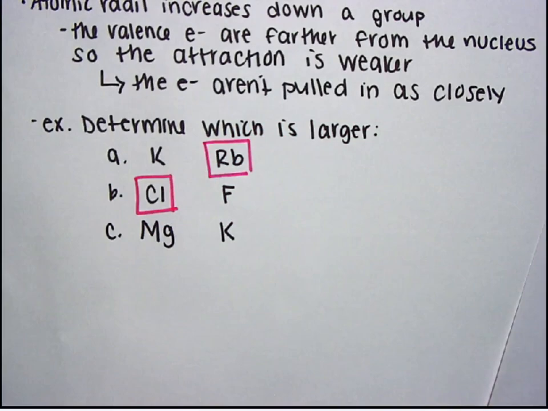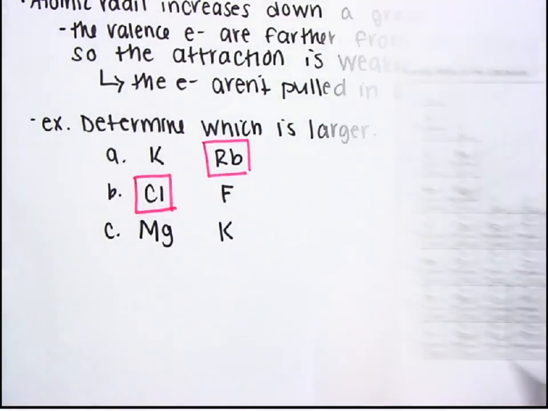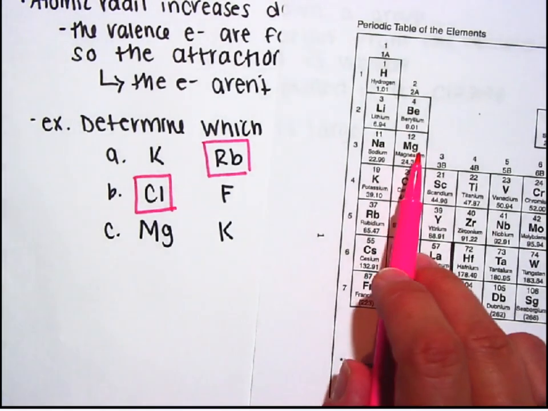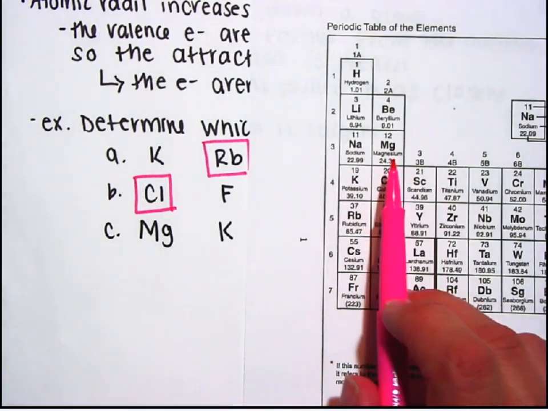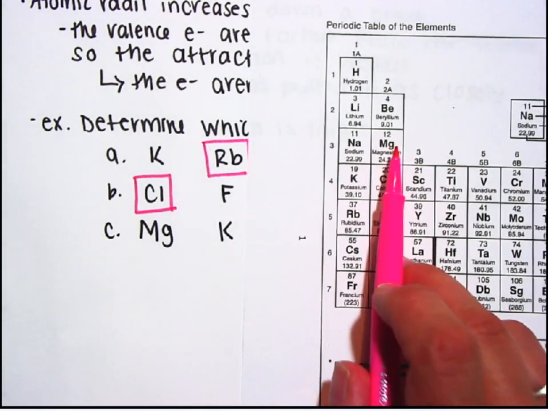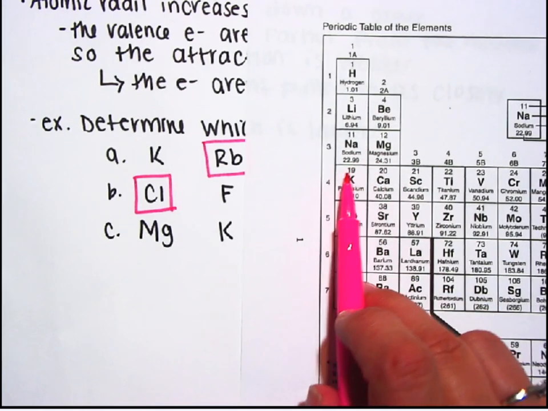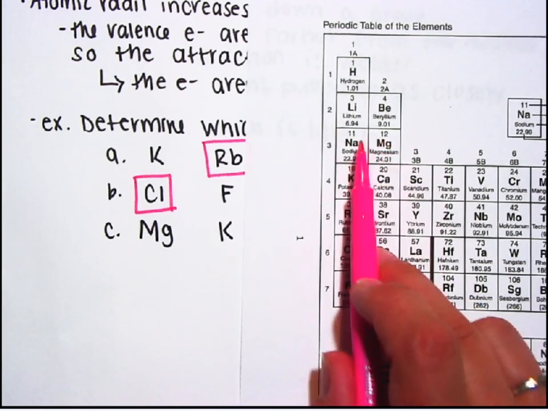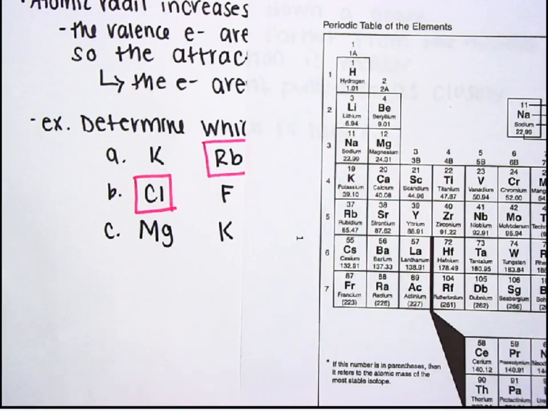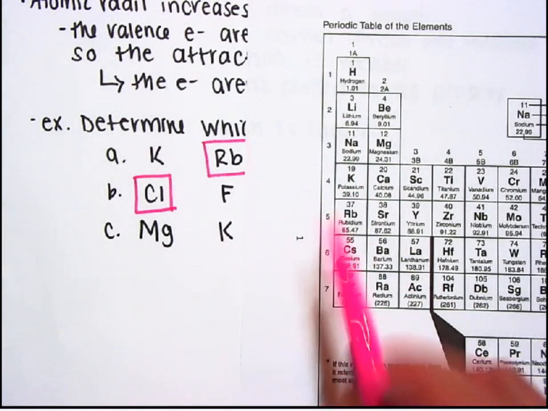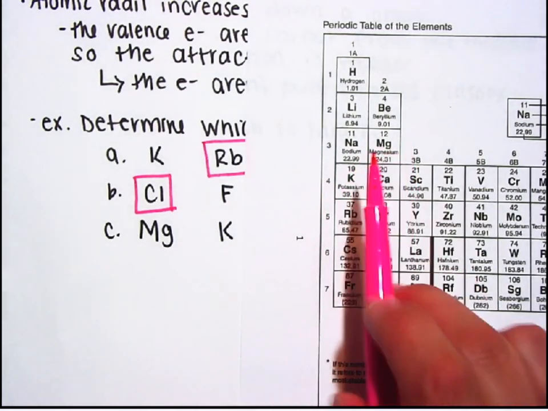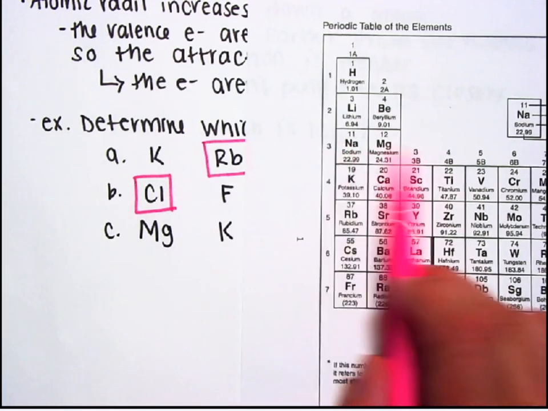The reason why I said C might be a little bit trickier is because we have to take into account both properties. Magnesium and potassium not only are in different groups, but they're also in different periods. So remember the trend from our lecture on periodic trends across the period.